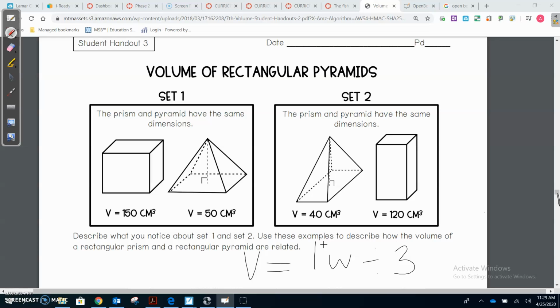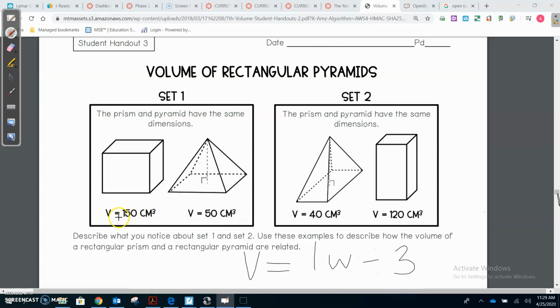So we're going to go ahead and give this a go. In set 1, this rectangular, or it's a cube actually, but you could also call it a rectangular prism. The volume equals 150 centimeters cubed. And if you notice, these have the same dimensions, and this pyramid has a volume equal to 50 centimeters cubed.